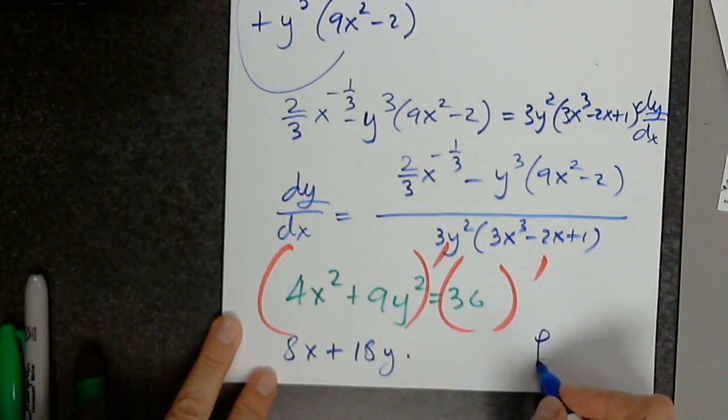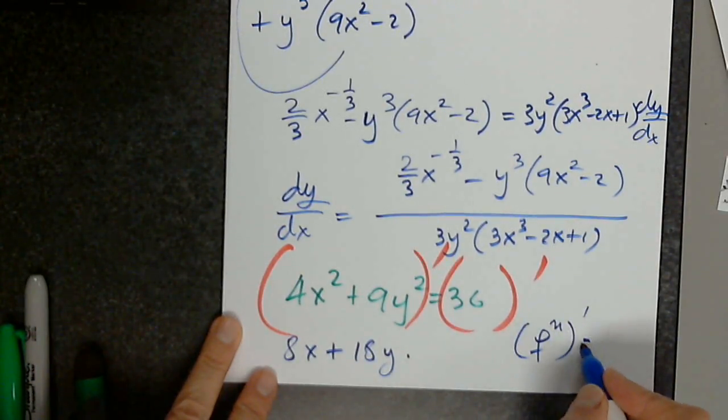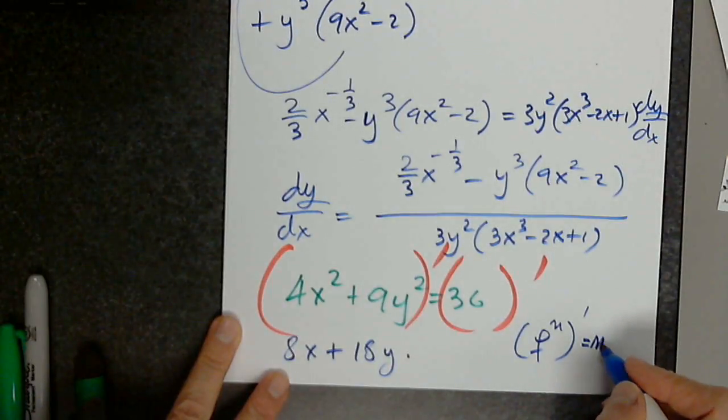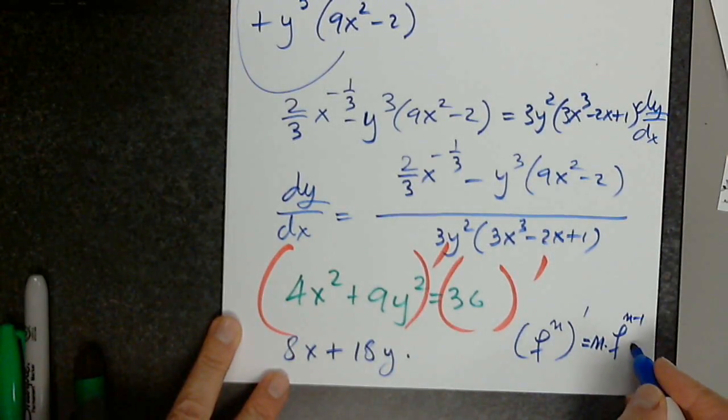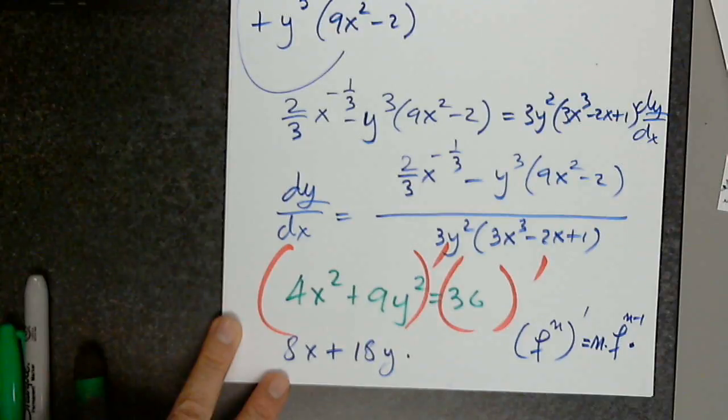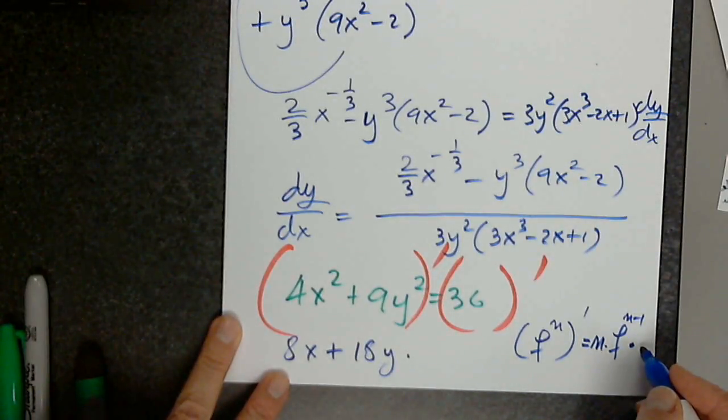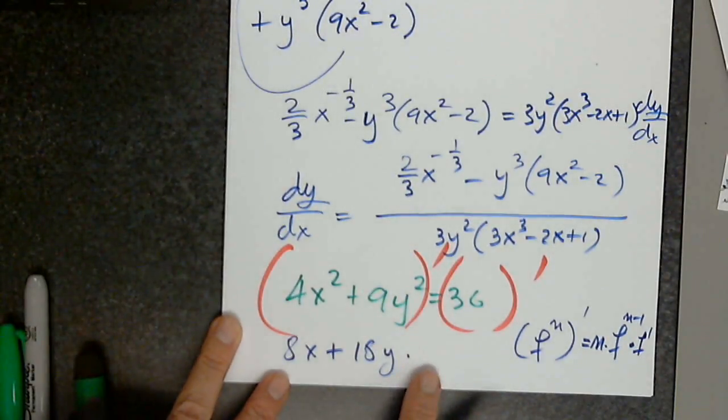So how do I differentiate a function to a power? I bring down the power, I subtract 1 from the power, times what? F prime. Exactly. So I'm missing f prime.